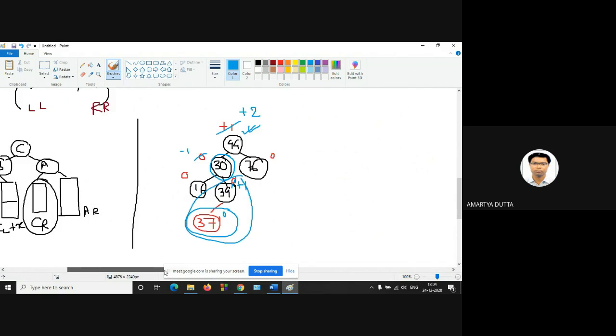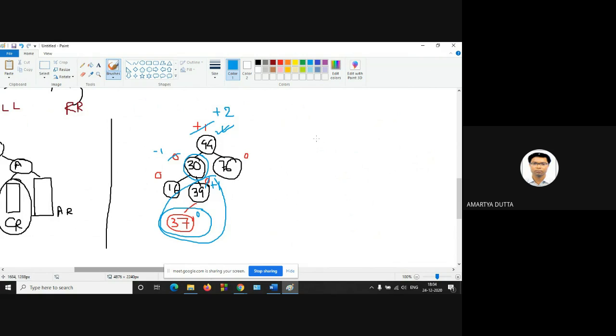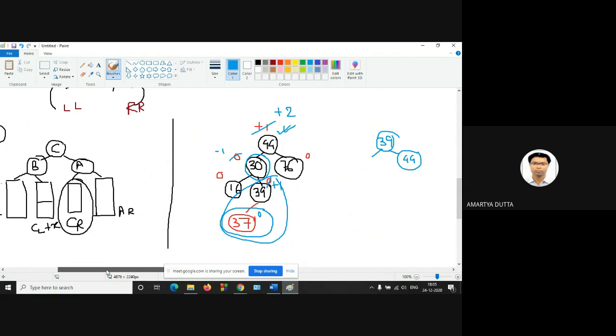So here 39 becomes the root. 39 becomes the root. Then 30 will be on the left. 44 is the A, so A is this. And your B is 30.